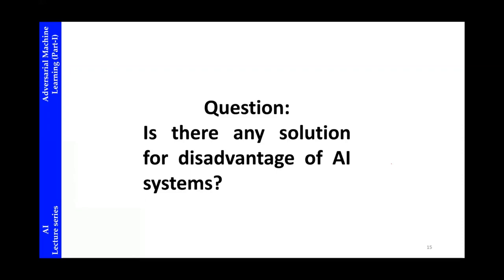About the disadvantages, is there any solution to protect artificial intelligence systems against adversarial attacks? The answer is yes. If you would like to learn more about these methods, I would encourage you to watch the next video, in which I'm going to teach the mathematics behind adversarial attacks.